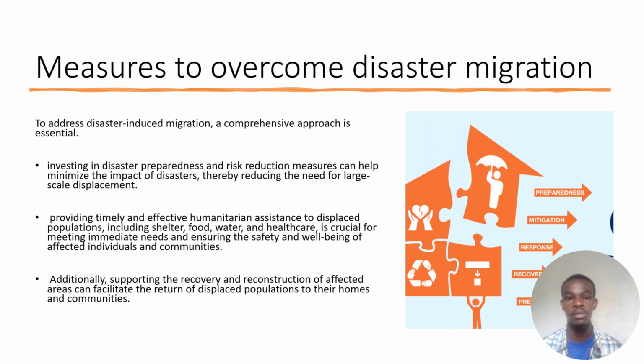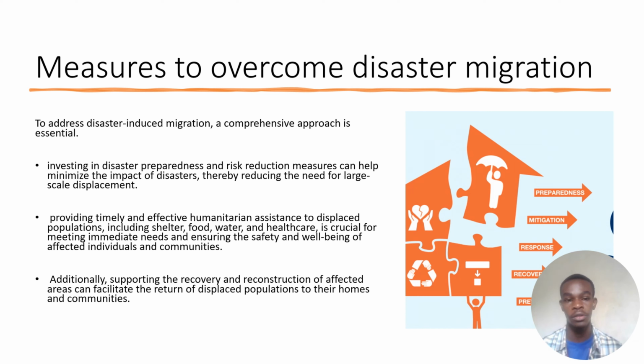Okay, now let's move on to the measures to overcome disaster migration. To overcome it, we have to do something crucial and essential. The first thing is investing in disaster preparedness and risk reduction measures, which can help minimize the impact of disasters, thereby reducing the need for large-scale displacement.